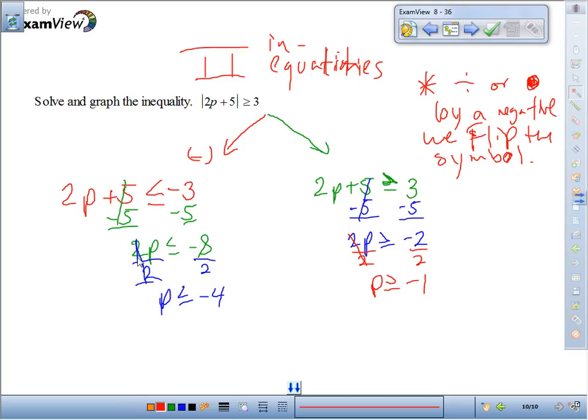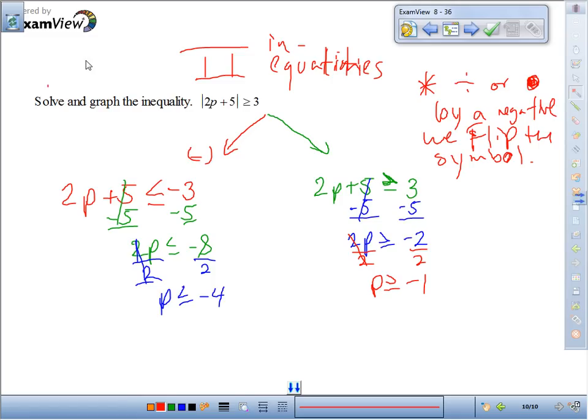Just remember when you're solving here, everybody look up, please, pens down. If I would have had here a negative 2, what do I need to do? Divide by negative 2, right? What would I have to do here for the symbol if I divided by negative 2? You need to flip it. Same thing over here. Since we don't, we don't. But I'm just making a note so that you remember in case you get one of those. Everybody with me? All right.